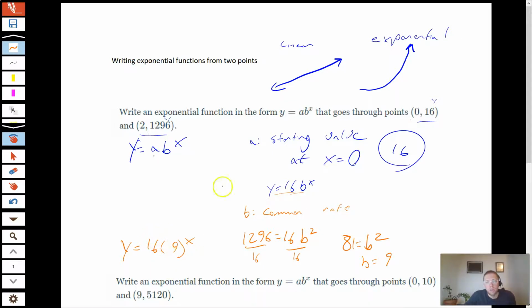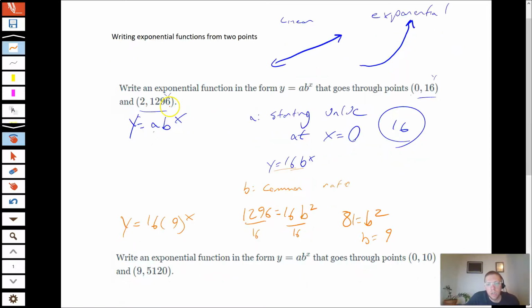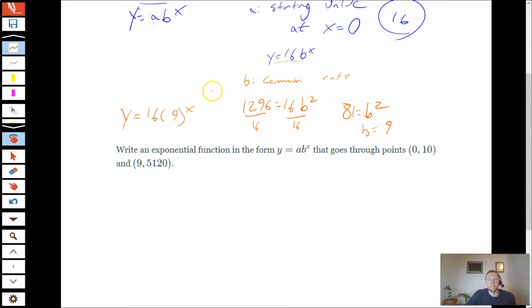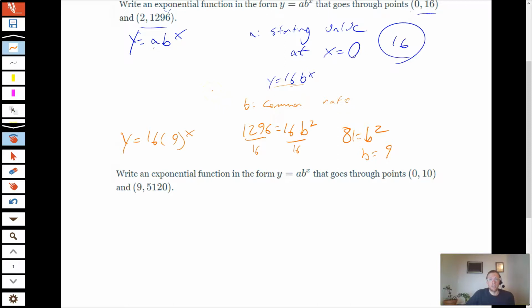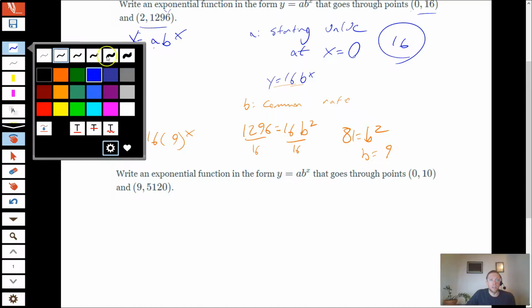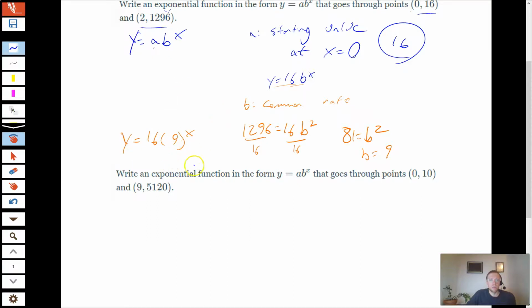All right, let's try one that's a little bit harder. It's going to be the same steps though. I need my starting value and my base. My starting value is that point where x equals 0.